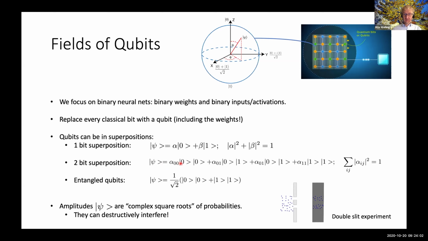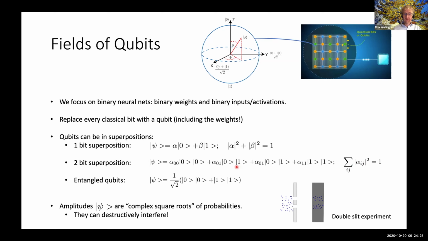Now if you consider 2 bits, then you have to look at what's called the tensor product of the 2 qubits, which means that now we have 4 possible states. We have 0, 0, 0, 1, 1, 0, and 1, 1, such that all of these values add up to 1.